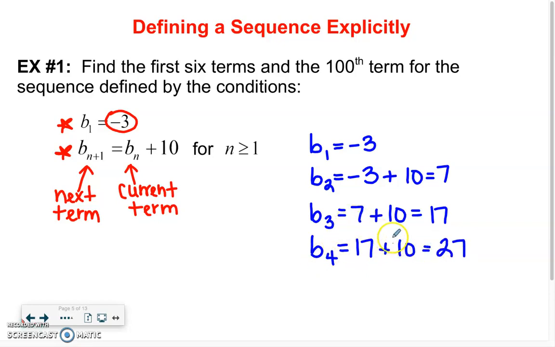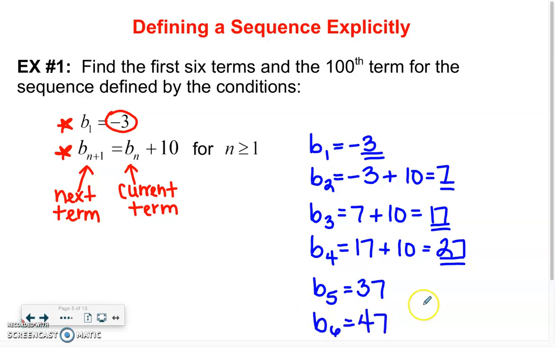We would just continue this pattern, and you're going to pick up pretty quickly that this pattern is really just adding 10 each time, right? So I can make my list of the first 6 terms without going through the formality again. I'm adding 10 each time, so the fifth term has to be 37, and the sixth term would have to be 47.